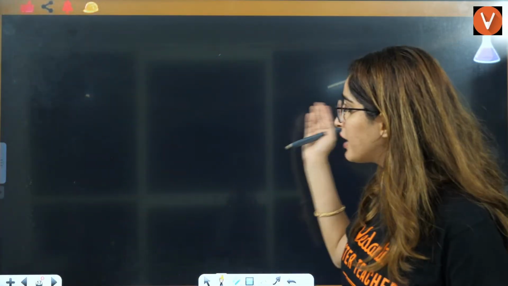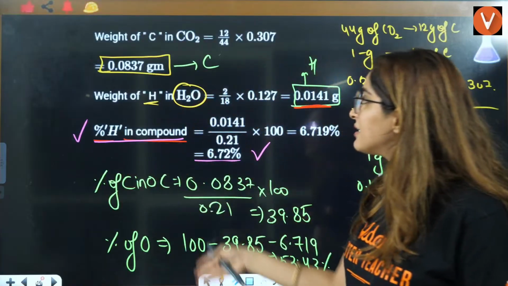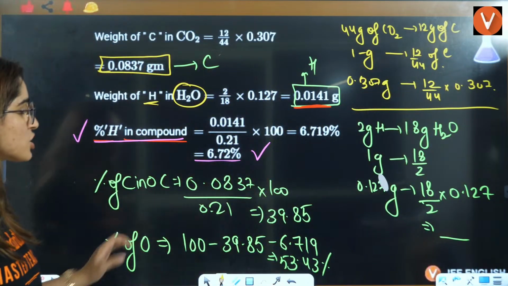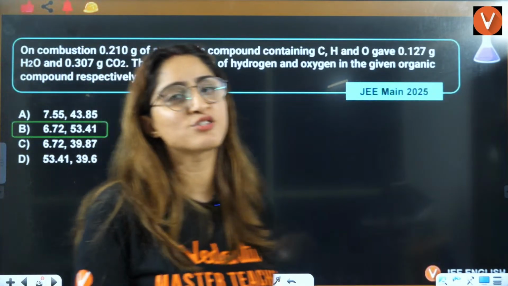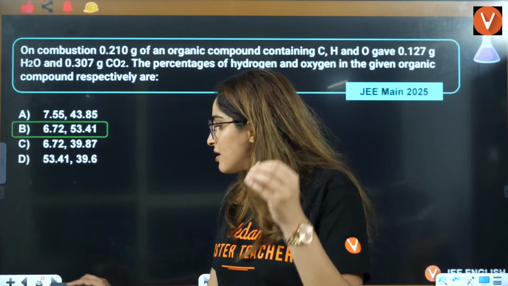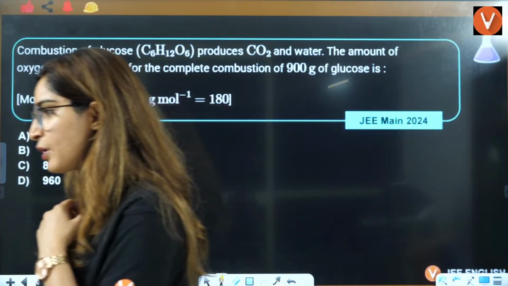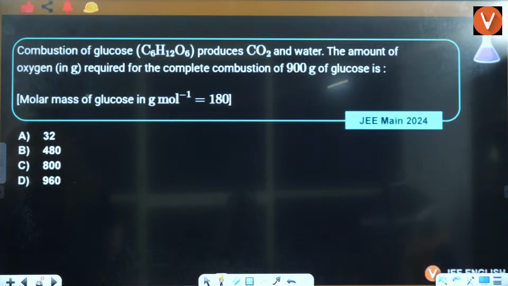This is your JEE 2025 previous year question. These are the questions that they're asking you in the exam, right? So we can't just do simple questions and say that I'll be able to crack JEE. That's not how it works. Just by doing the limiting reagent, it will not work. Okay, ji? Chal.